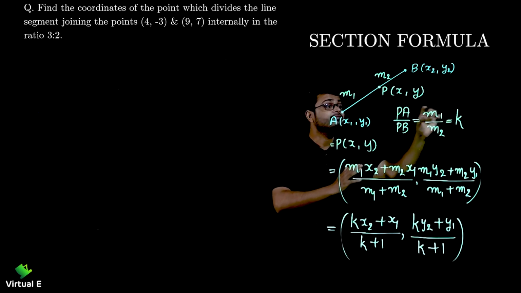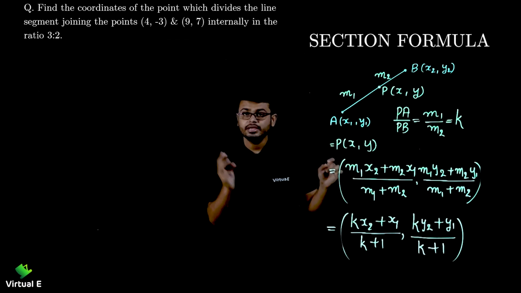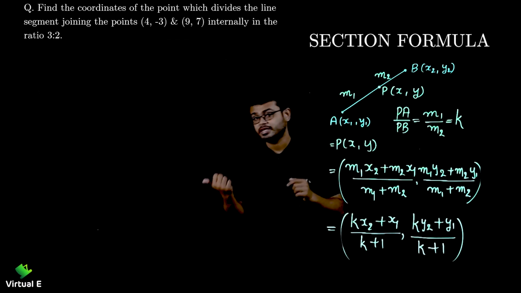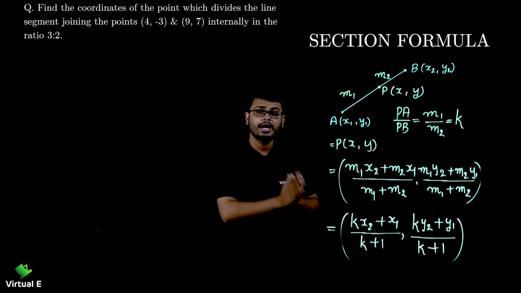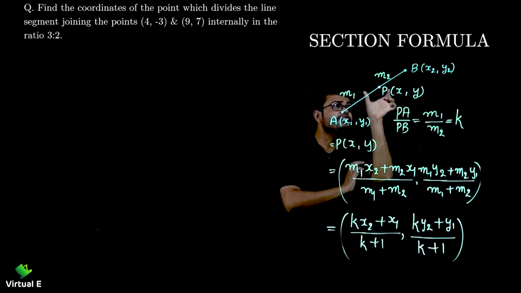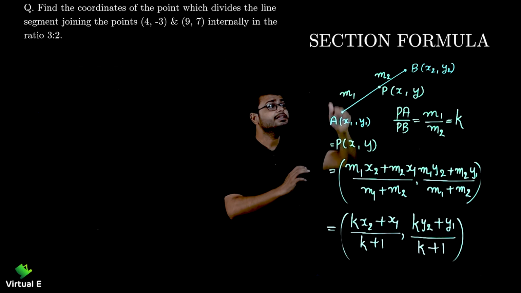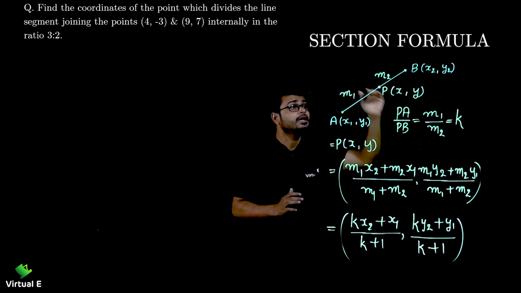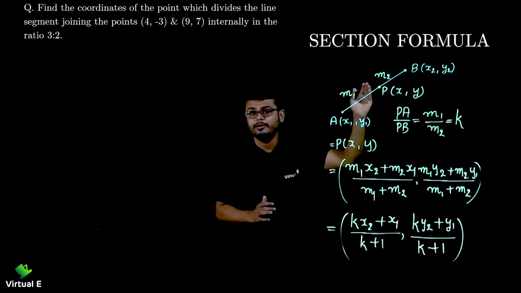Here you can take the value of m1 directly as 3 and the value of m2 directly as 1. Let's discuss the formula and how to find that specific point that is dividing the line joining AB in the ratio m1 by m2.